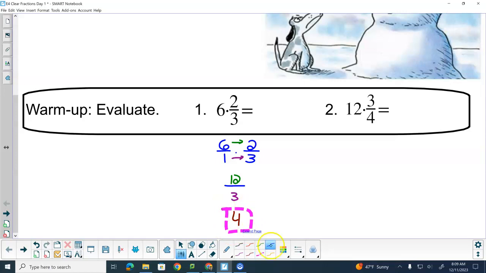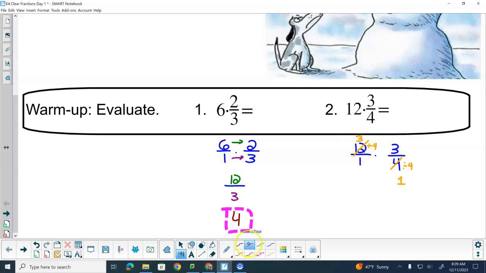Another way of doing them, we can still go 12 over 1 times 3 over 4. What we can do is we can divide 4 by 4, and that leaves me with 1. And we can divide 12 by 4, and that leaves me with 3. And then I can multiply across.